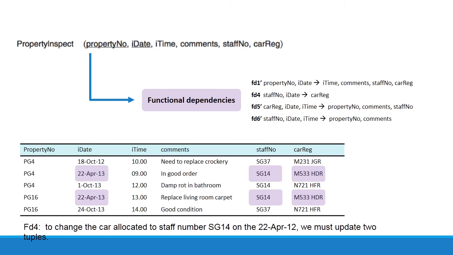So we need to separate another table from this property inspect, because according to BCNF, we still suffer from this problem. For example, to change the car allocated to staff number SG14 on the 22nd of April 2012, we must update two tuples. Yeah, like this.